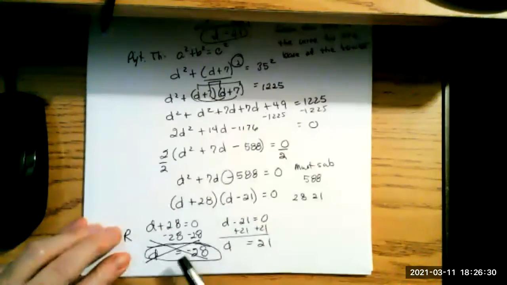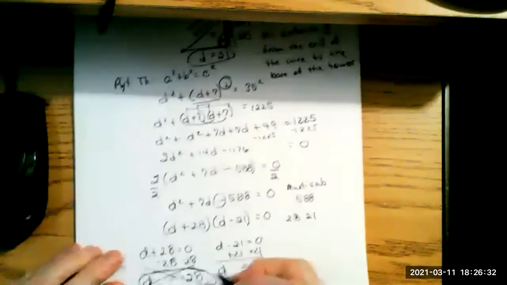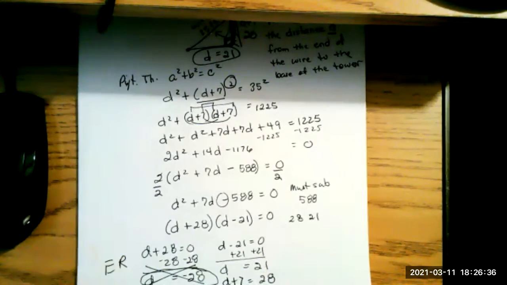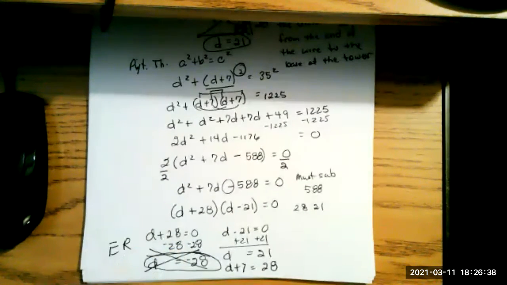See that 28 that's down there? That's what you'll end up with anyway. D plus 7 is 28. So those are going to be your 2 answers for the problem. Any questions? Next time, don't skip it. Got it?